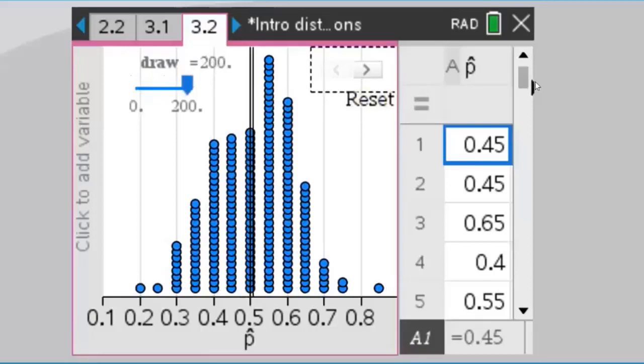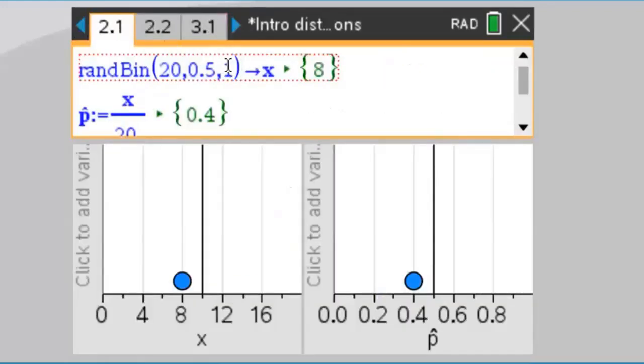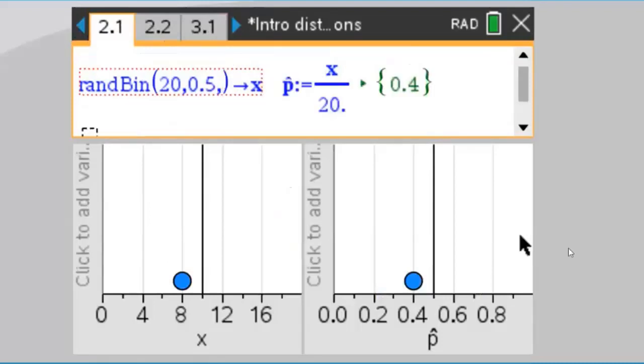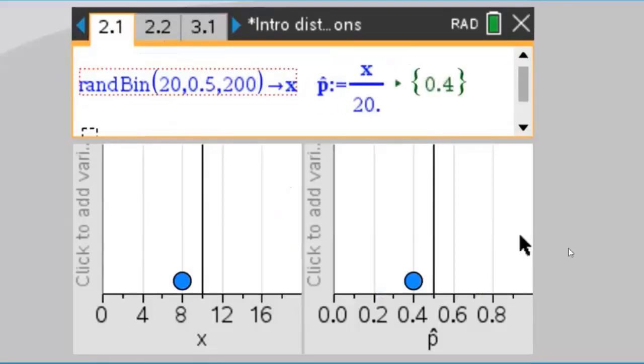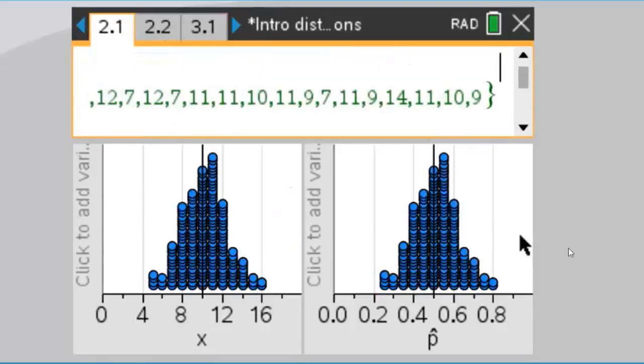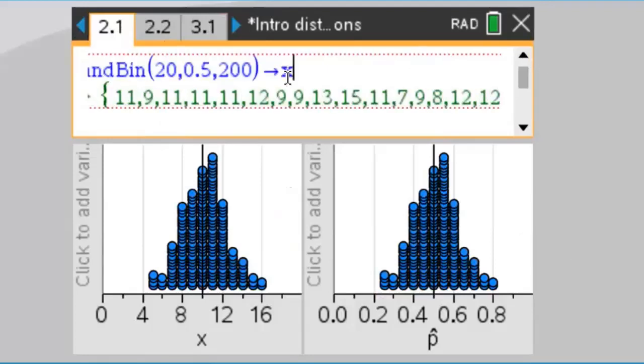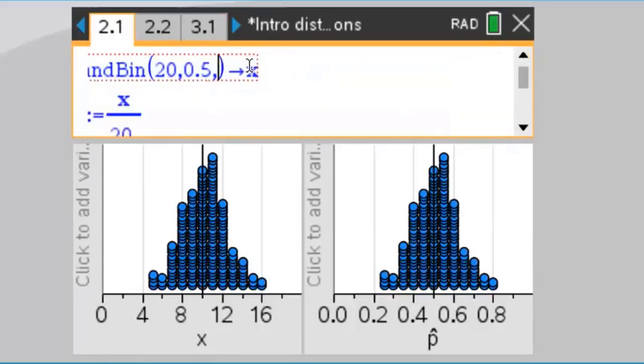And I think it is important that students do see that appearing one sample at a time, because I could have gone to here and just changed that to 200, and bingo, in one fell swoop, I get something that approximates the sampling distribution. But I don't think that is as meaningful to students as seeing it happen dynamically. So my advice would be, in the first instance, build that up one survey result at a time.